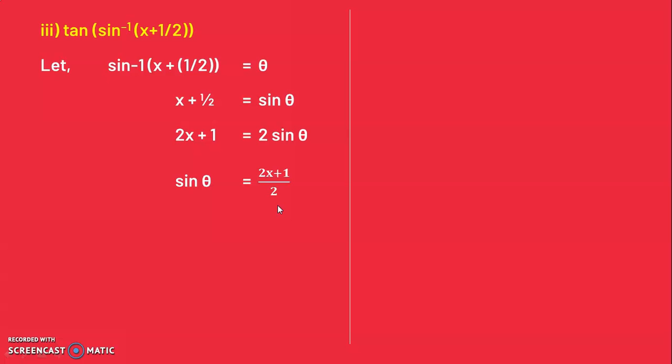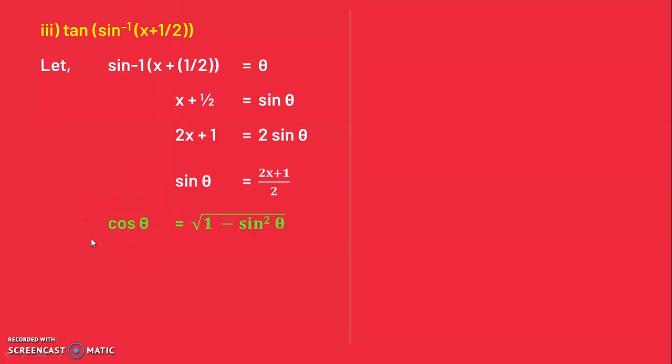So your sine theta is (2x plus 1) divided by 2 here. So we have found the value of sine theta, and from this we can find the value of cos theta. We have already applied the formula sine squared theta plus cos squared theta is equal to 1. From that your cos squared theta is equal to 1 minus sine squared theta.